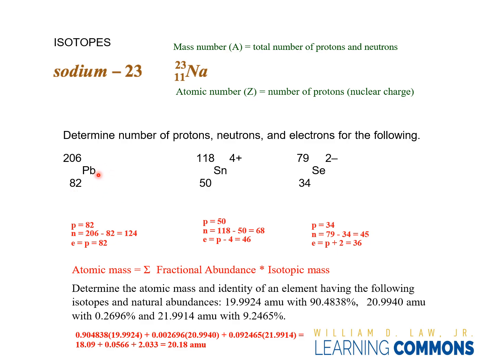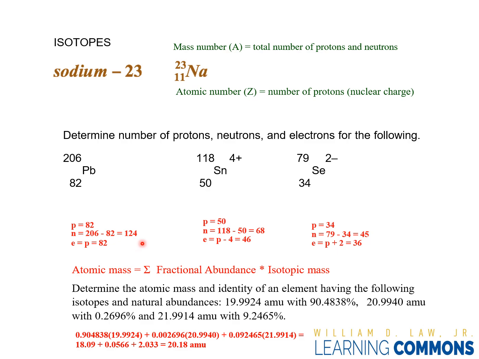The number of the electrons is 82, and it is equal to the number of the protons, 82 also. But if I want to figure out the number of the neutrons, how can I figure it out? This number minus this one, and it gives me 124, the number of the neutrons.